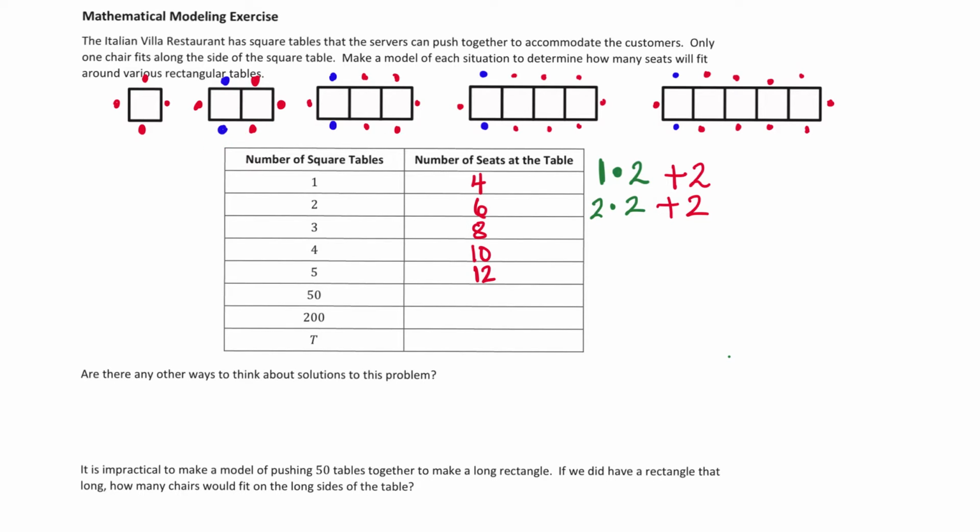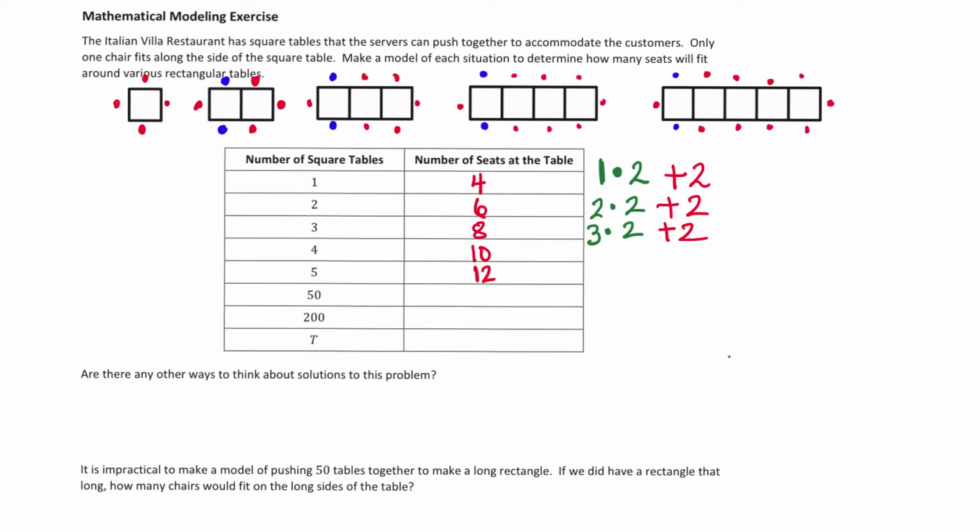So can you start looking at the pattern now? The third table, 3 times 2, because there's 1, 2, 3 2's, right? Like 2 times 3. And then plus the 2 end seats, that does not change, is going to give me 2 times 3 is 6, plus 2 gives me the 8.